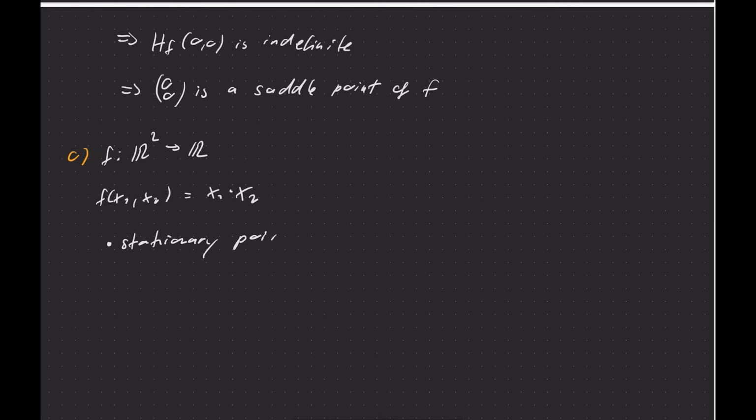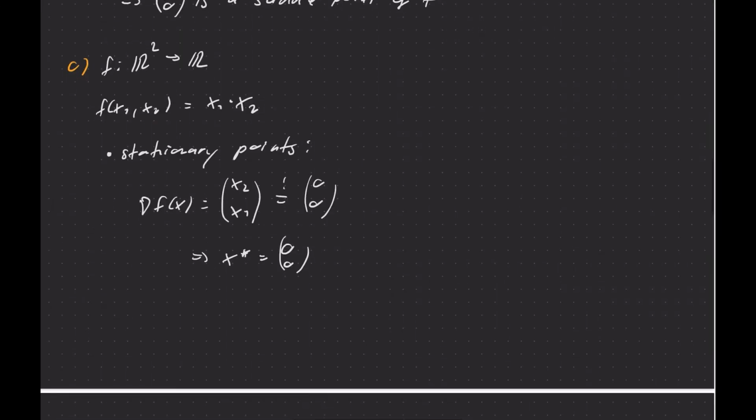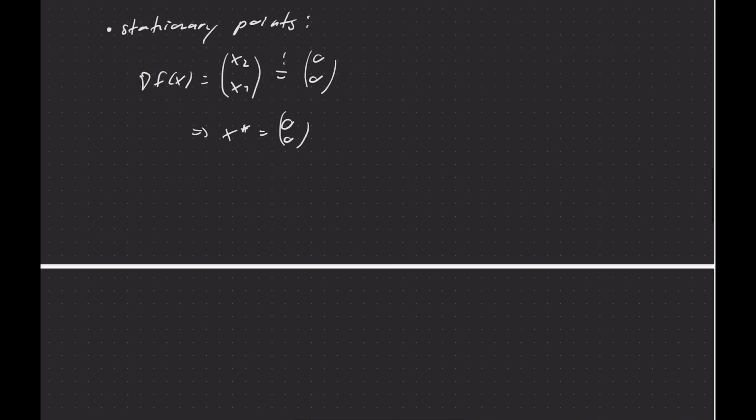Again, we go for the stationary points first. The gradient of f is simply x2, x1. Well, this is 0 if and only if both values are 0. So again, the origin is our unique stationary point here.